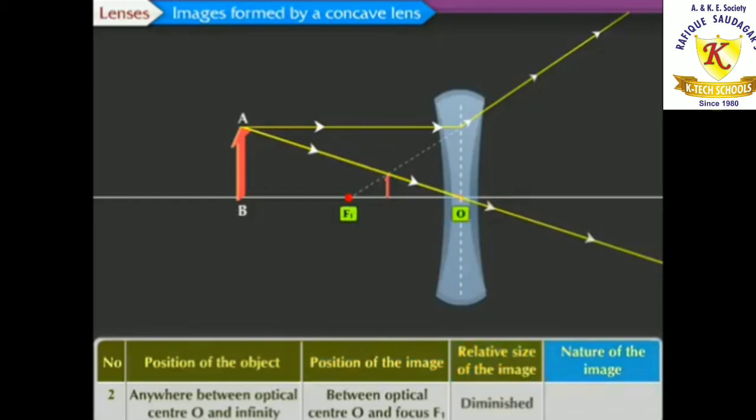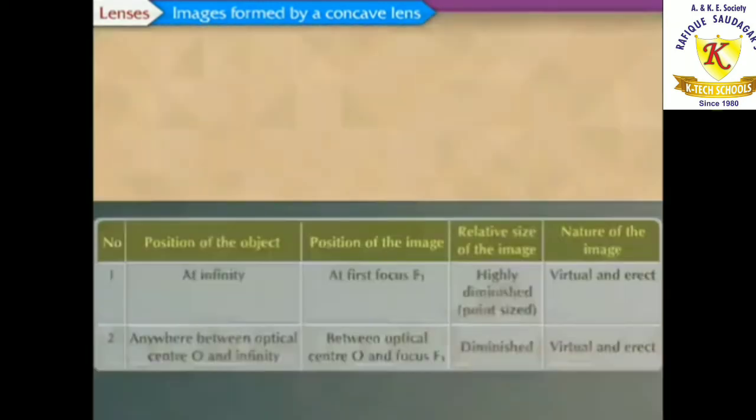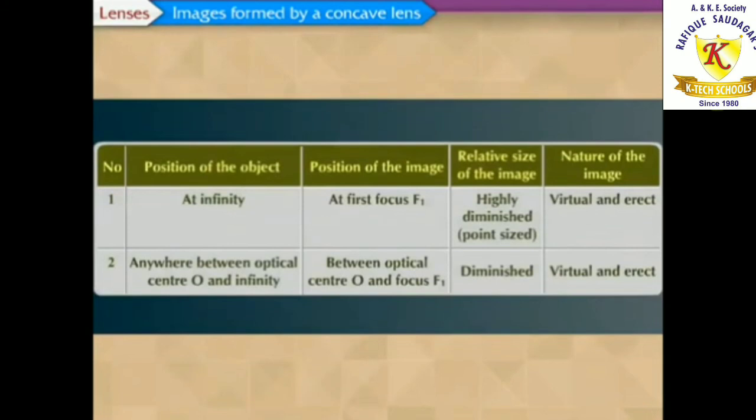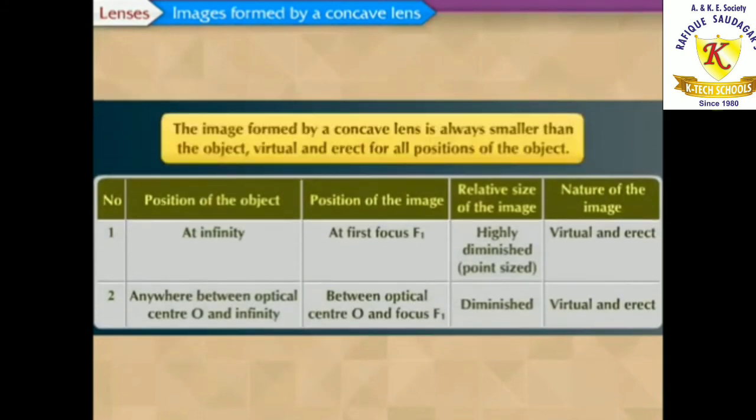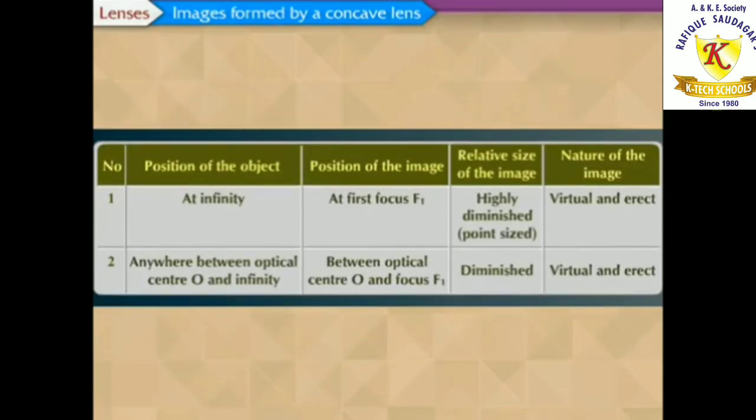Size would be diminished and nature is virtual and erect. So the image formed by a concave lens is always smaller than the object, virtual and erect for all positions of the object. So children, I hope you all have understood the images formed by a concave lens.